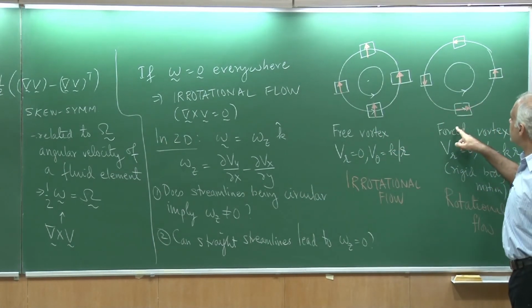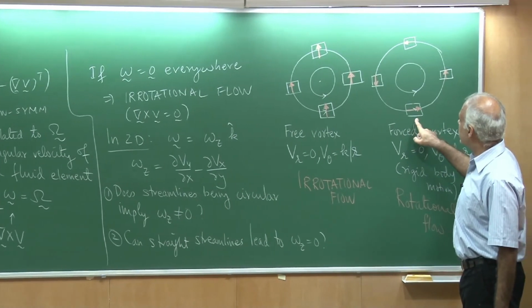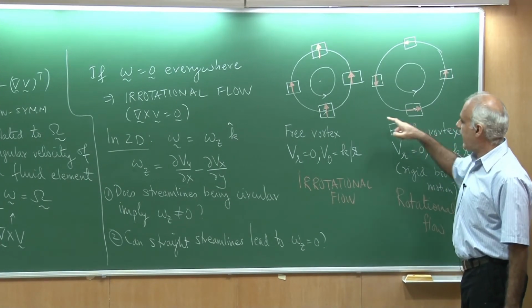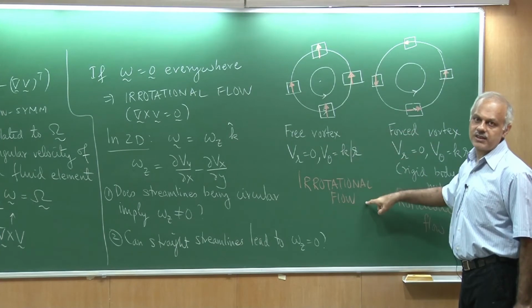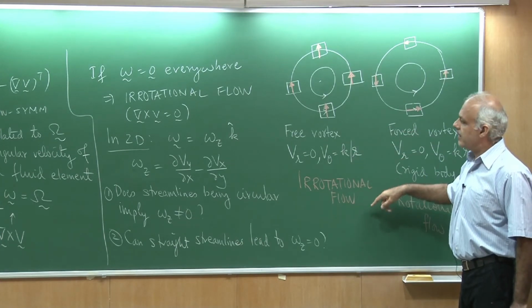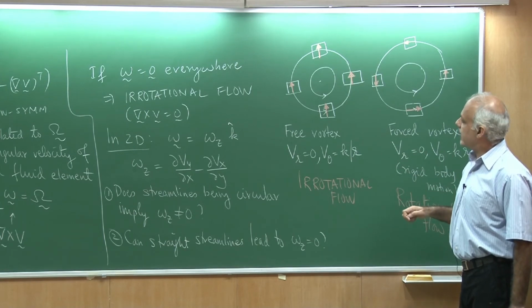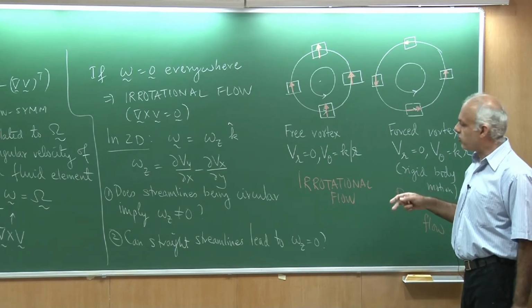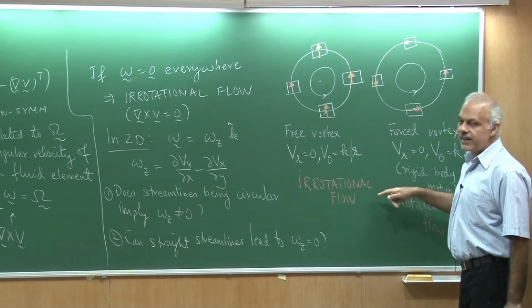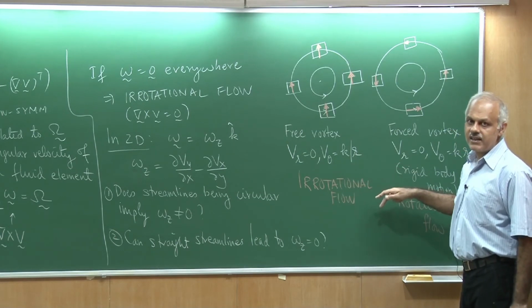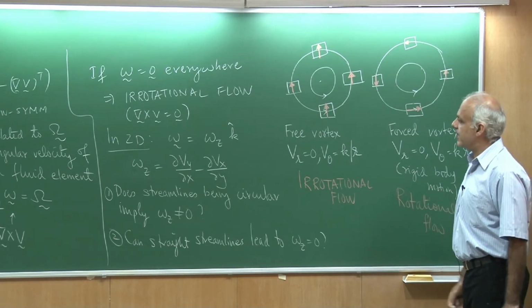Both are circular streamlines. The forced vortex is rotational and the free vortex is irrotational. And as I told you earlier in the session, if you had an inviscid flow with an irrotationality condition, it would help us in the analysis.